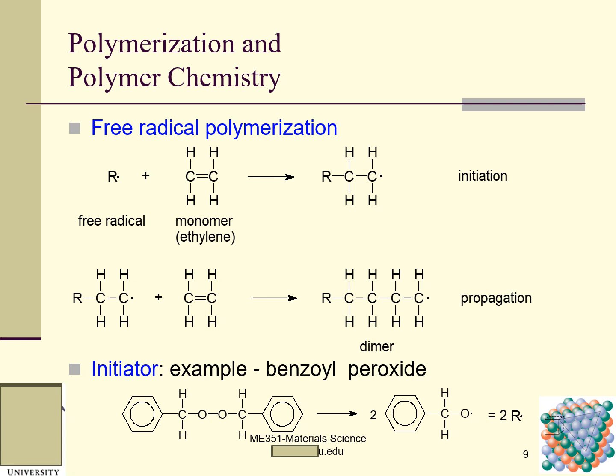Then the propagation: when this one meets another monomer, this C and this C form a new bond here. So this is propagation. We call it a dimer, which means 2.